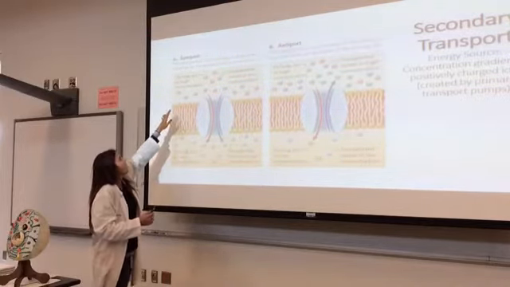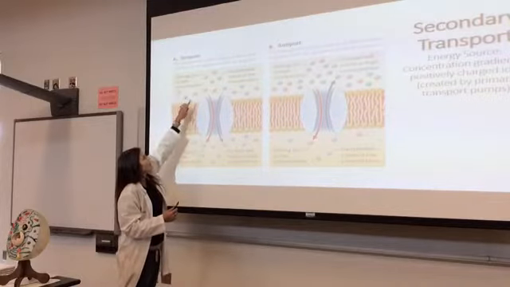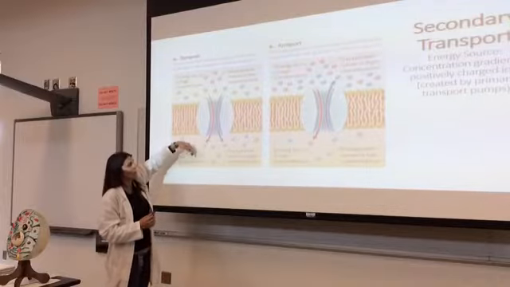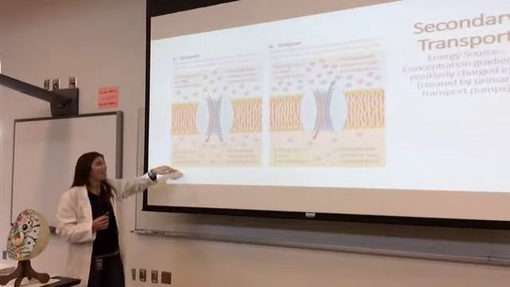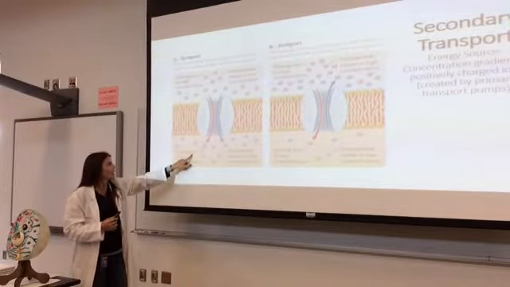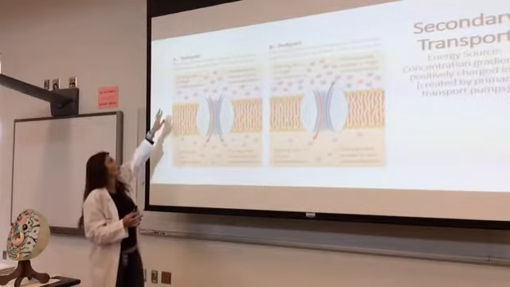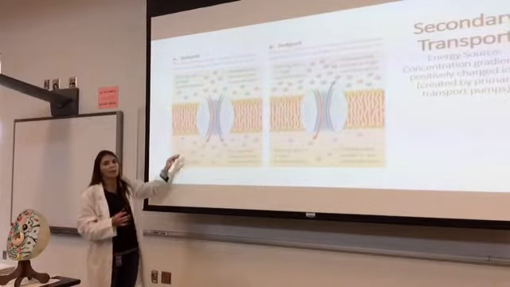I can see that it's pointing to the red, so I'm going to follow the red, and I see that the red is going down into the cell. And down here it says driving ion, again, I don't know what that means, but in low concentration. So I know it's going from high to low. You already know if it's going from high to low, it's passive. Okay? All right, cool.